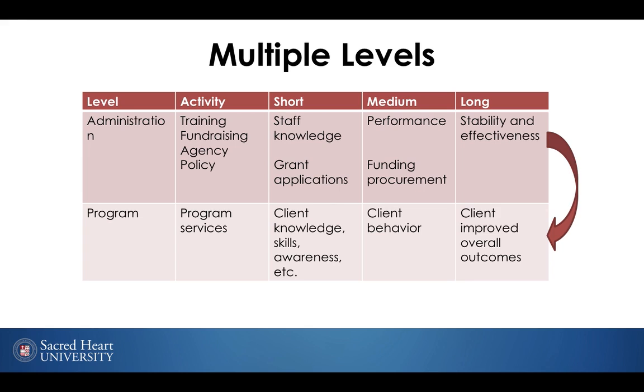That might be looking at your staff knowledge. If you're doing training, you should see a change in knowledge or maybe some skills. If you're doing funding, you might see a change in your procurement of funds or additional funds. And so overall, that might lead to stability and effectiveness of your program.